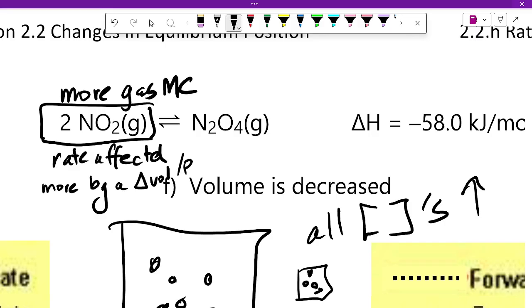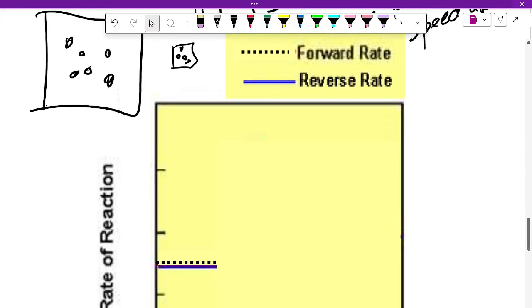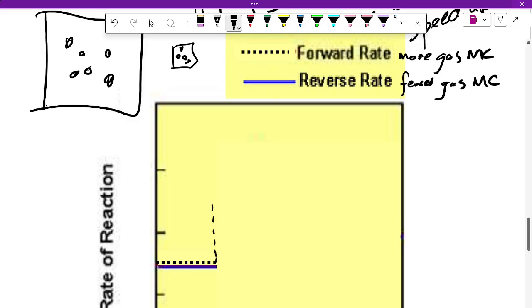Not for rate, no. For the rate. What we're talking about right now is not the shift, but what happens to the rate. The forward rate has more gas, the reactants have more gas molecules. The reverse rate has fewer gas molecules, and so the forward rate, in this case it's dashed, goes up more than the reverse rate.